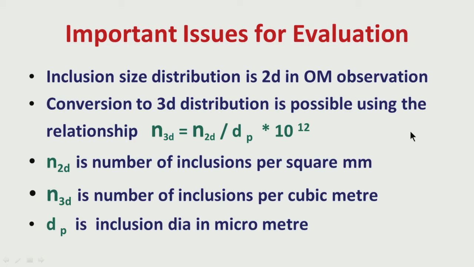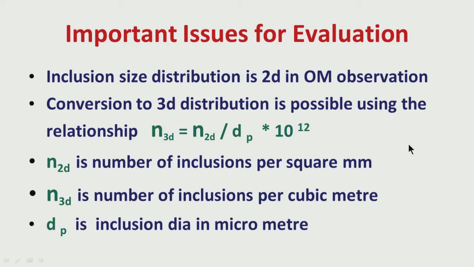By a simple relationship, this one, we can convert the two-dimensional distribution, which is normally obtained through optical microscopic observation, to more realistic three-dimensional information. How is it done? This N2D is the number of inclusions per square millimeter of the sample surface we are looking at.